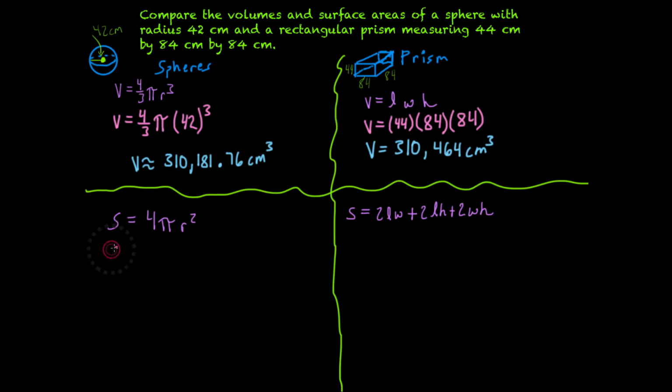Alright, and now I'm going to substitute values in for both of these equations. So over here for the sphere, S is equal to 4 pi r, which is 42 centimeters, squared. Alright, and let's move over to the prism here.